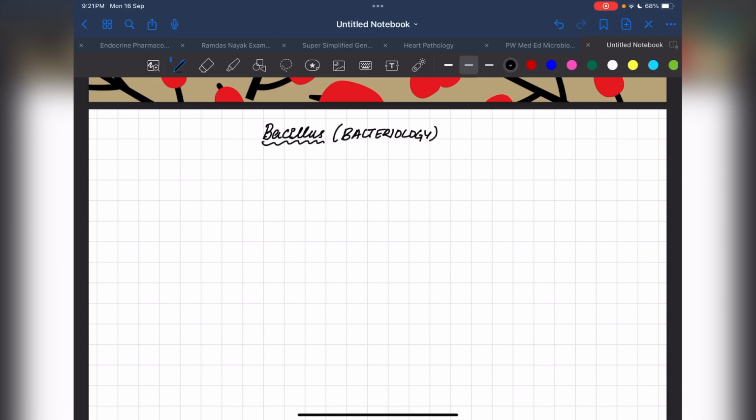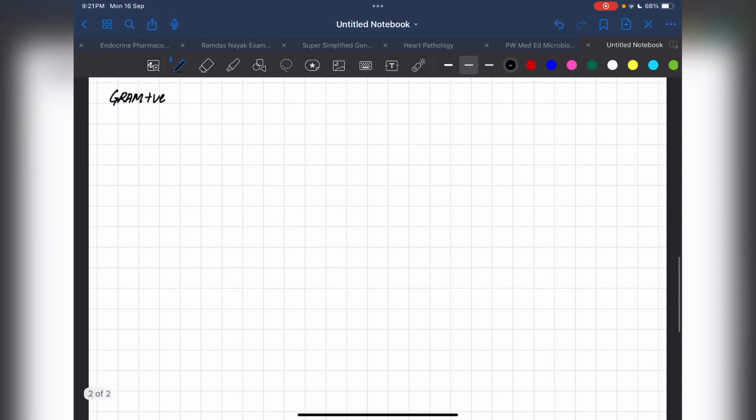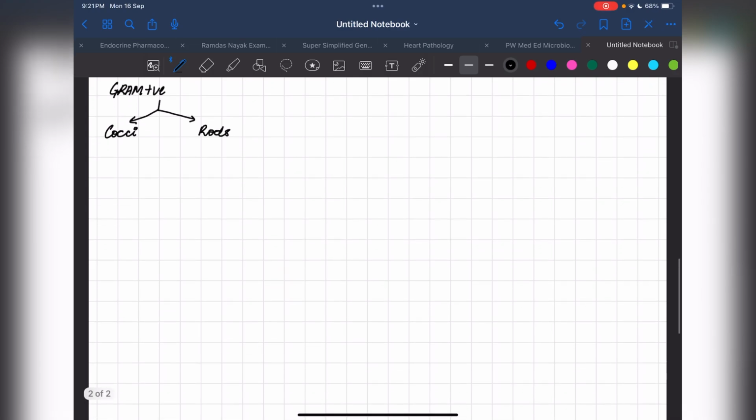Starting with Bacillus, we will describe it under gram positive organisms. Under gram positive organisms, we have cocci, which are circular, and we have rods. In cocci you have streptococcus, staphylococcus, micrococcus, and enterococcus, while rods can be further classified into non-sporing as well as sporing.